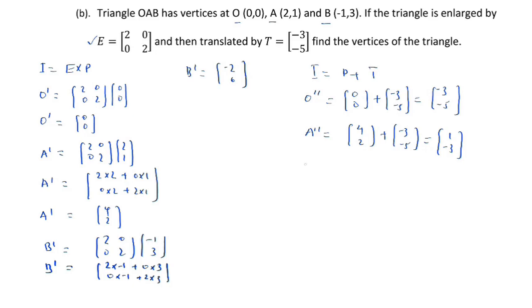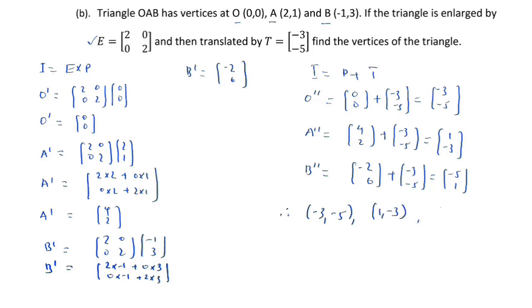So B double dash is going to be matrix -2, 6 plus matrix -3, -5. After solving these values, we have matrix -5, 1. Okay, so therefore, the final vertices are -3, -5, 1, -3, and -5, 1. And these are the answers.